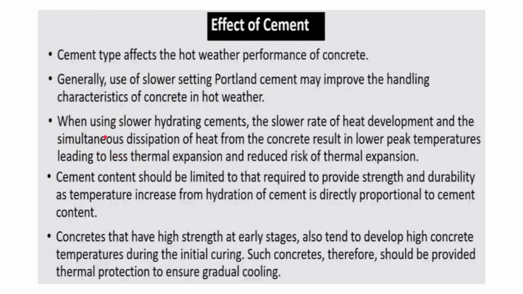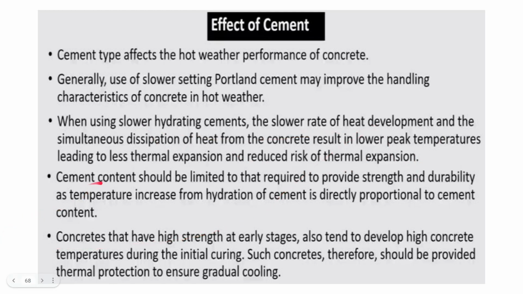When using slower hydrating cements, the slower rate of heat development and the simultaneous dissipation of heat from the concrete result in lower peak temperatures, leading to less thermal expansion and reduced risk of thermal shrinkage. So thermal shrinkage can be controlled a lot by using slower hydrating cements because of the lower rate of heat development.